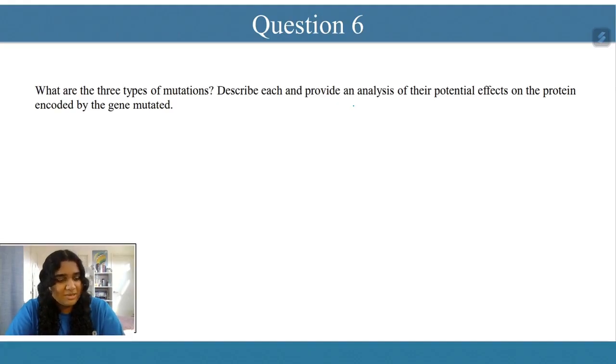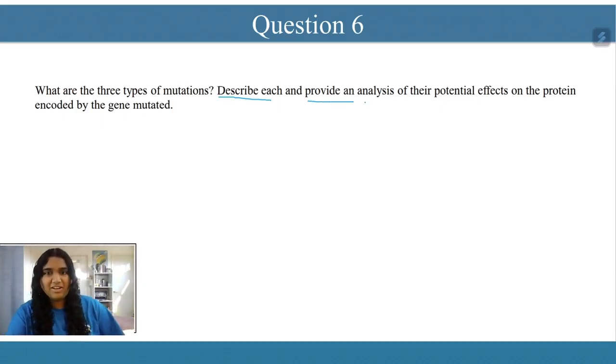Okay, question number 6, I've got what are the 3 types of mutations? Describe each and provide an analysis of their potential effects on the protein encoded by the gene mutated. Once again, we've got describe here. So all you've got to do is give a description, give the detail required about each of the mutations, you do not need to go beyond that.